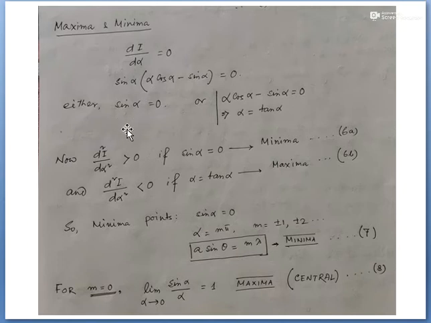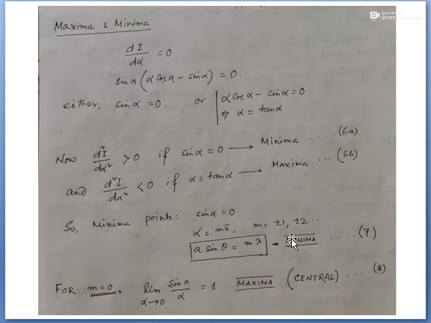So sine alpha equals 0 represents the condition of minima. And for the other part, alpha cos alpha equals sine alpha, this gives alpha equals tan alpha. For this, d square I by d alpha square is less than 0, and this condition gives the condition of maxima, right?